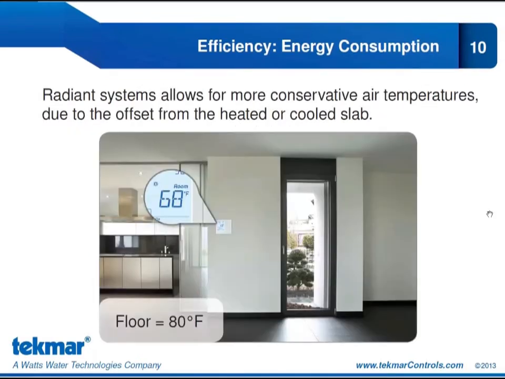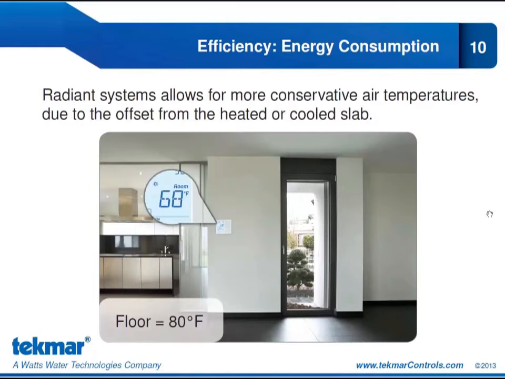I did mention earlier that radiant systems allow us to have more conservative air set points. So if we're talking about radiant heating, because we have a warm floor, we can have a lower air set point while maintaining the exact same level of occupant comfort as if we had no heated slab with a higher air set point. Because of the offset from that heated slab, we can reduce our air set point and have the same level of comfort.